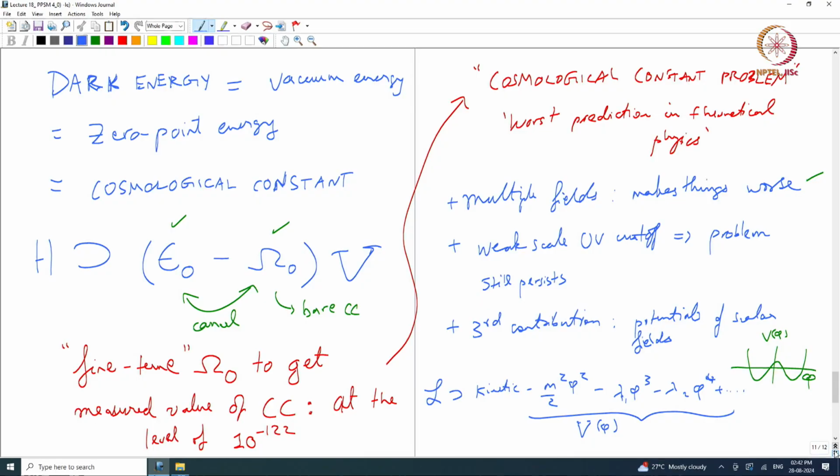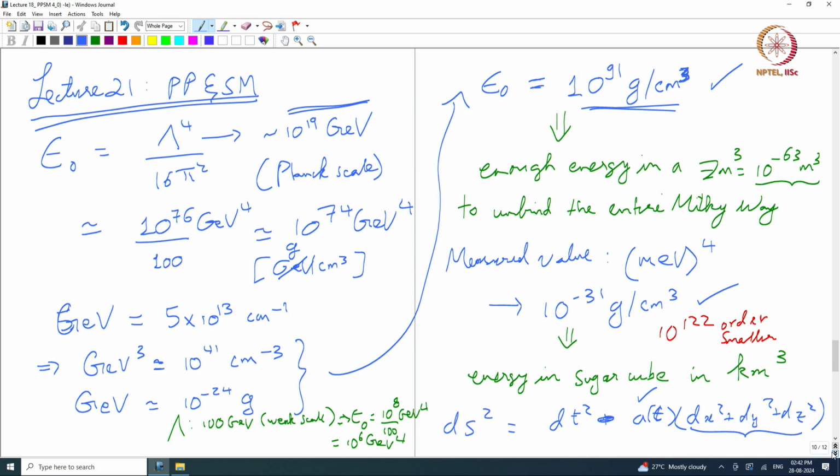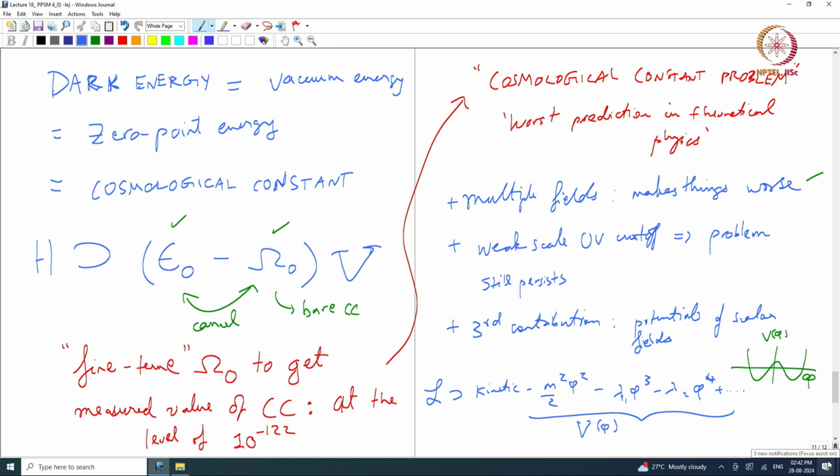This is lecture 22. In the last lecture, having constructed the Hamiltonian for a spin 0 field, we saw that an immediate consequence was a zero point energy that, for whatever sensible cutoff you choose, is many orders of magnitude larger than what is actually measured as the dark energy or the vacuum energy or the cosmological constant.